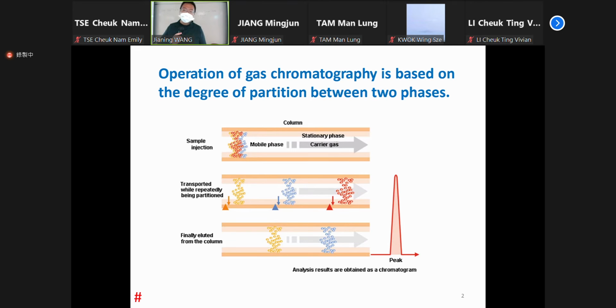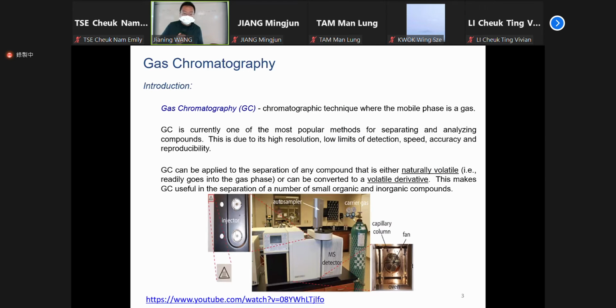So it is still a partition between 2 phases, no matter what state of matter we have. So this is the introduction. It's better to see the video.